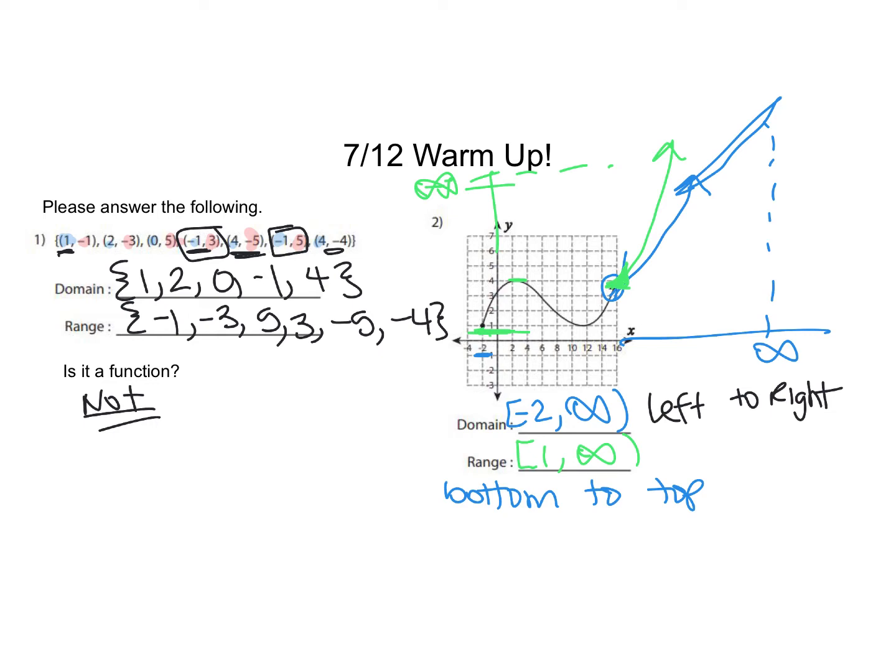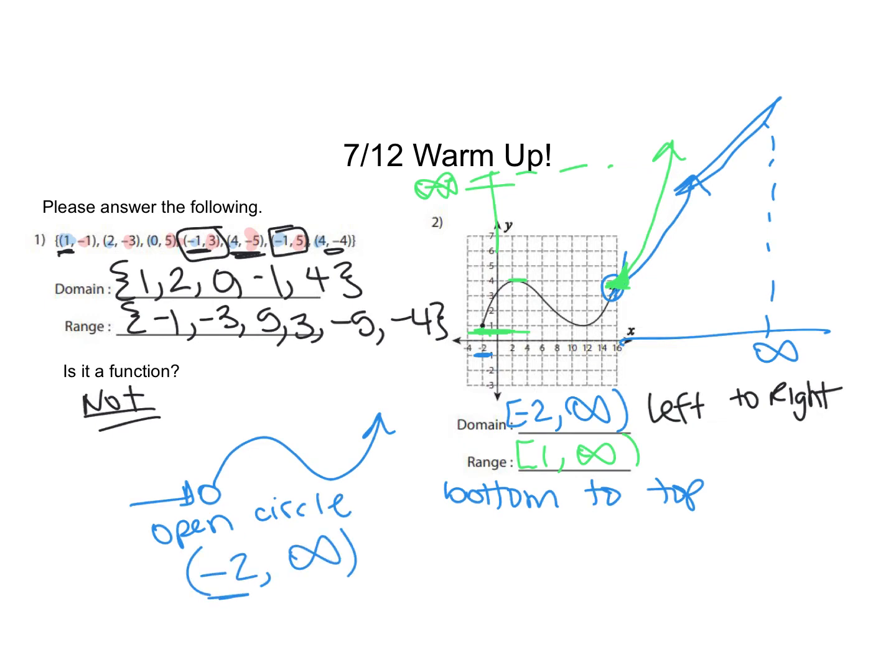Okay, so that's a great question. The reason why it is a bracket is because -2 is included, and anytime it's an ordered pair, we would want to put a bracket. But if the same graph had an open circle, that's whenever I would put a parentheses with my number.